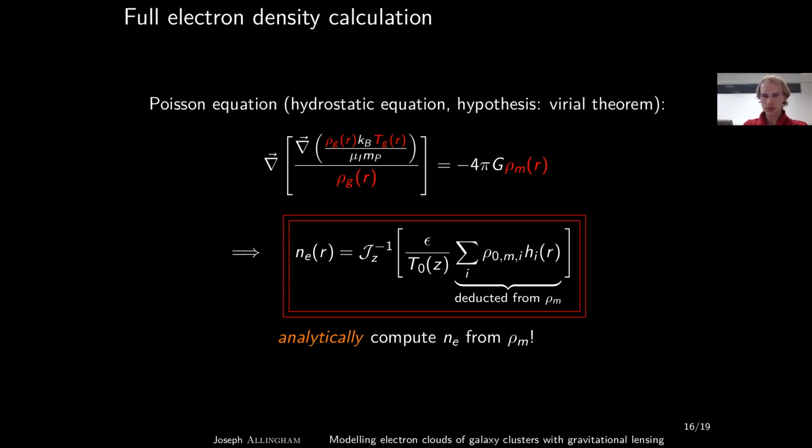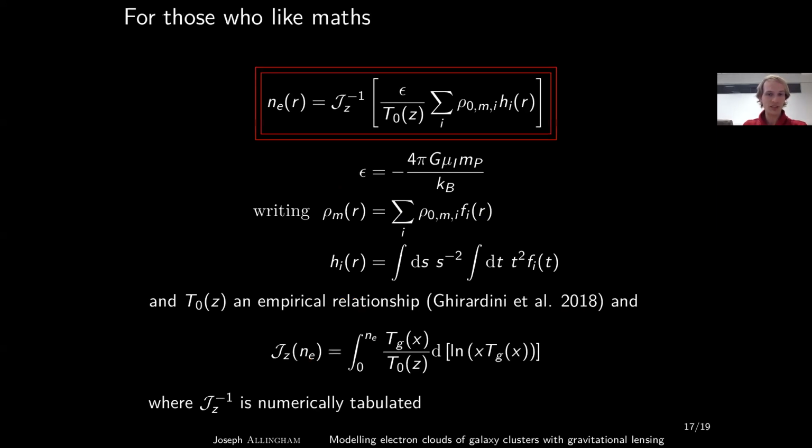So I must here present to you the math for those who like math, but I must at the same time stress how important this is, because we can completely describe a cluster just through lensing.